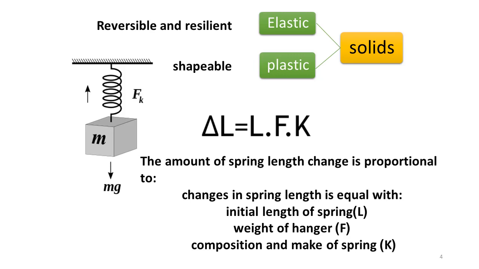L is the initial length of the spring, delta L is the change of the spring length while increasing the weight, F is the weight of the hanger, and K is related to the composition of the spring, and it's a constant number for each spring.